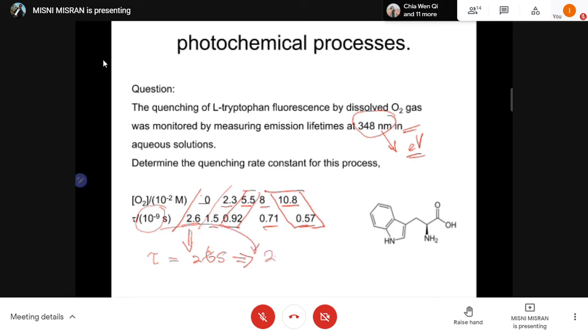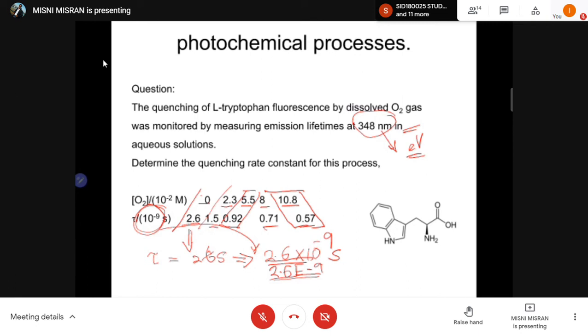So 2.6 times 10 to the power minus 9. So the unit is second. In your calculator, you can write 2.6 E minus 9. I think computers are the same. So don't make a mistake. Don't forget this. If you forget that, your value goes way up.